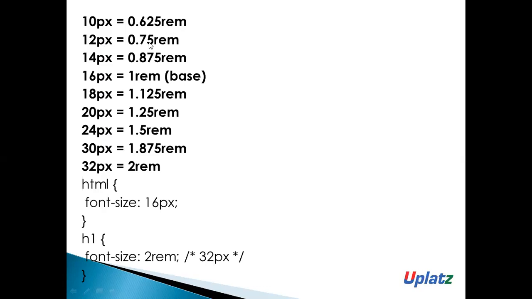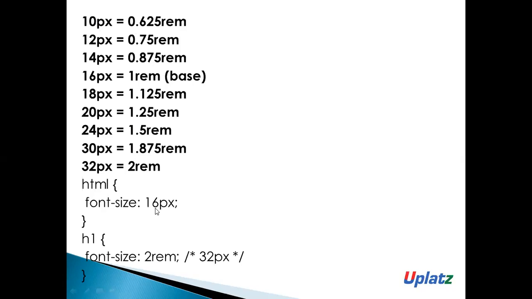Just like 0.75, 0.875, and 16 is 1 REM, 18 is 1.125, 20 is 1.25, 24 is 1.5, 30 is 1.875. So this is what each pixel value is equivalent to in REM.